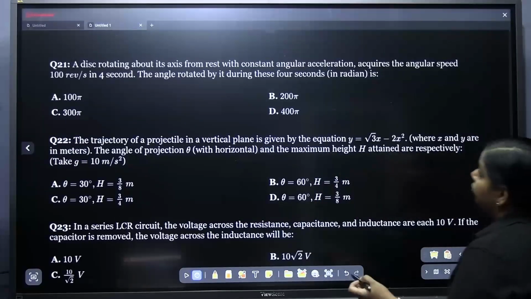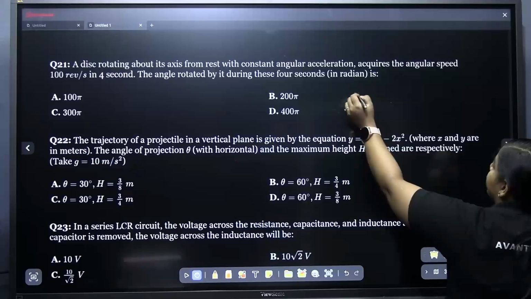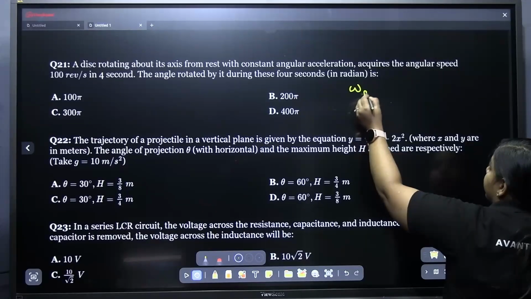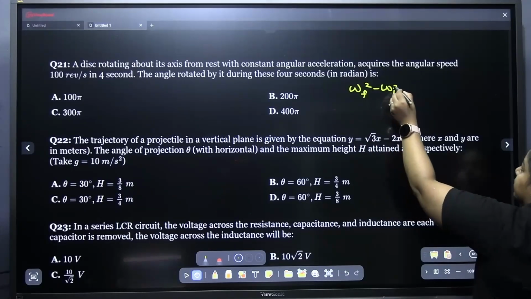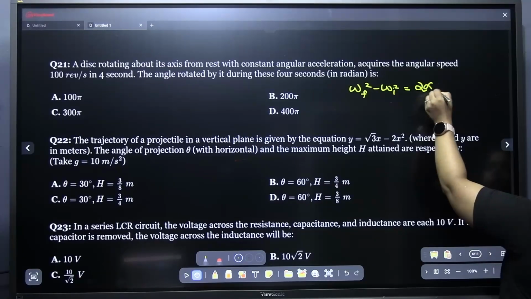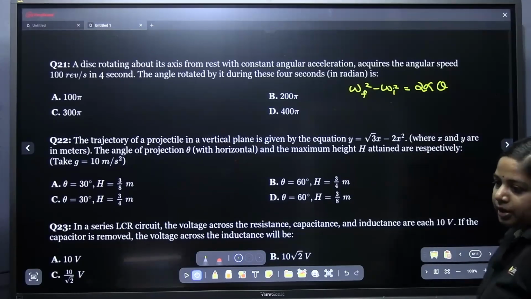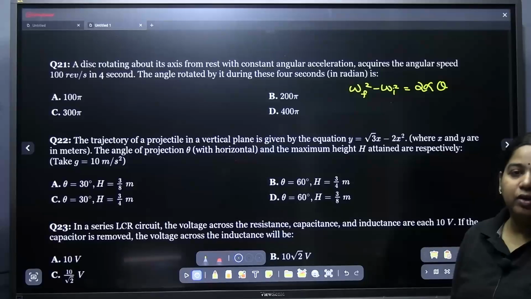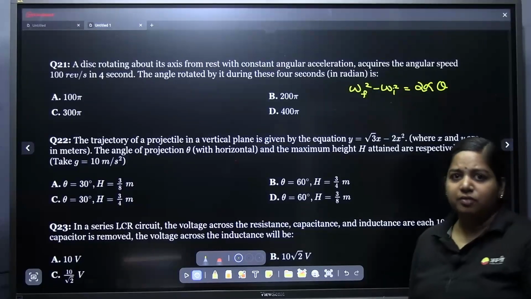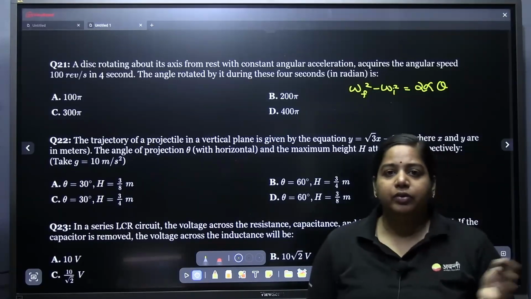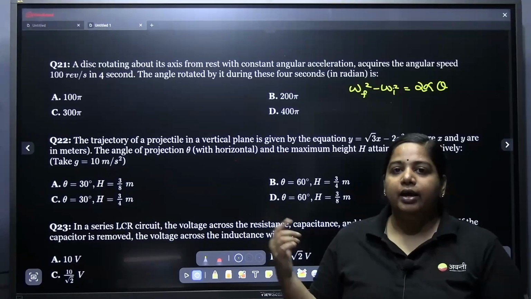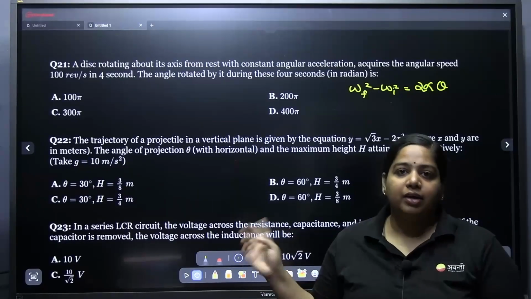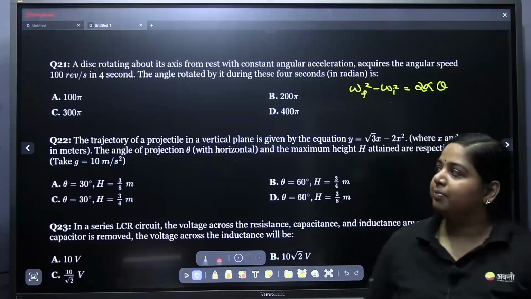So to find the angle, you can use omega f square minus omega i square equal to 2 alpha theta, or theta equal to omega i t plus half alpha t square.